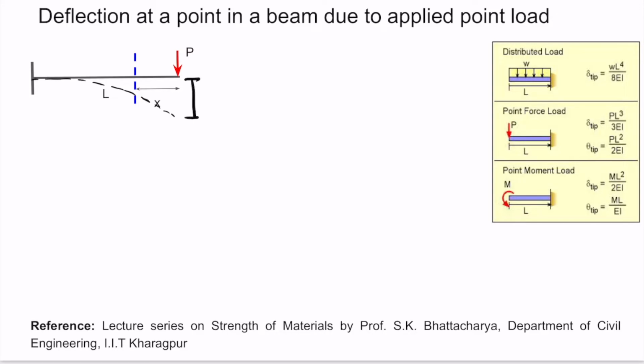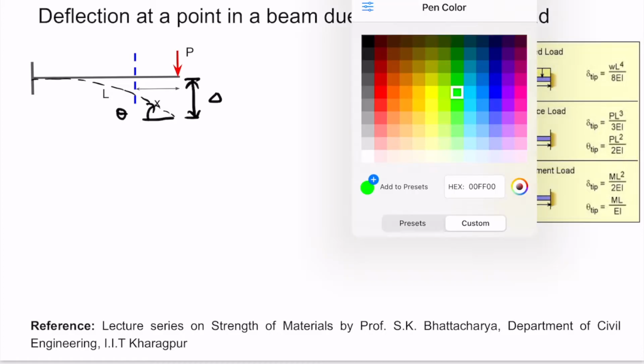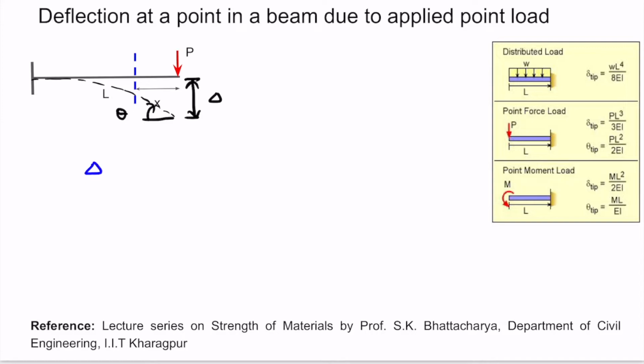The value of this deflection delta and the value of this slope theta will be as follows. The value of deflection delta will be the applied load, that is P, the length of the beam, here it is L, PL cube by 3 times the flexural rigidity of the beam.